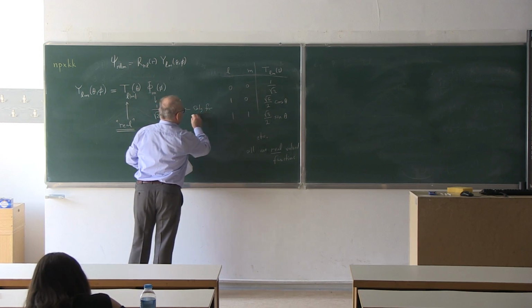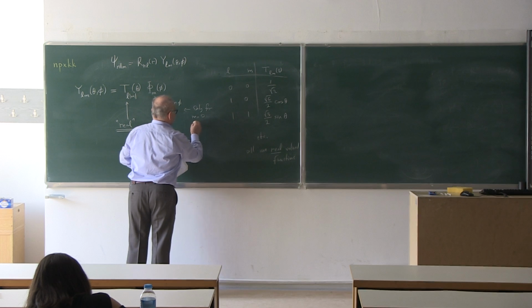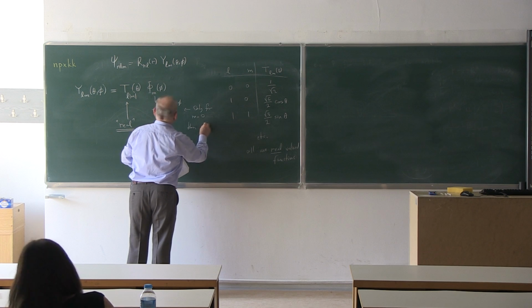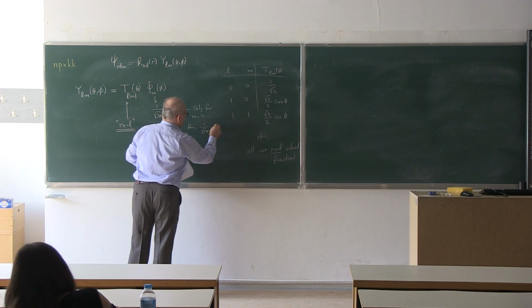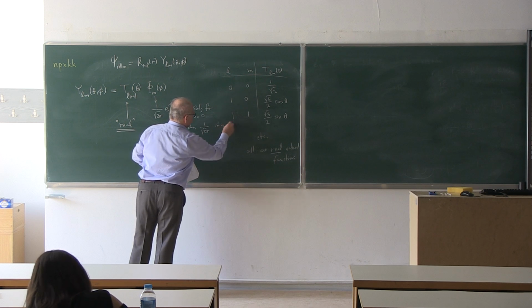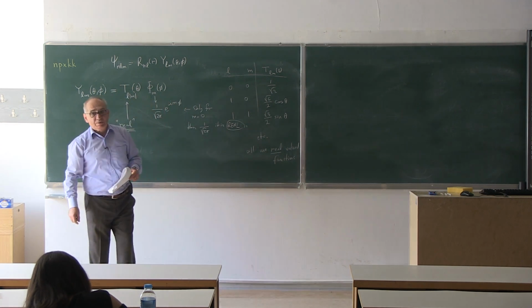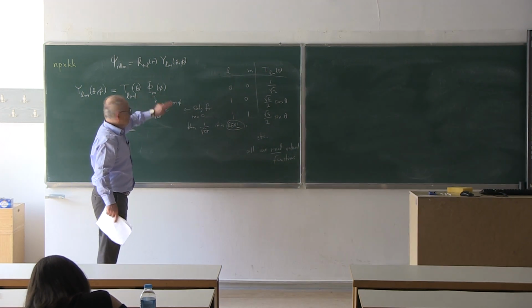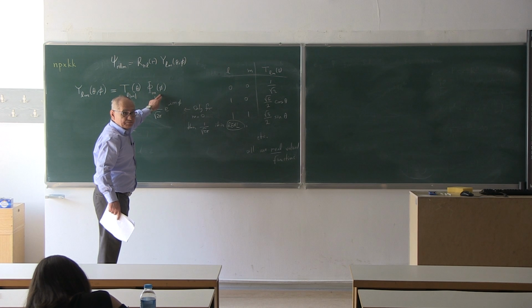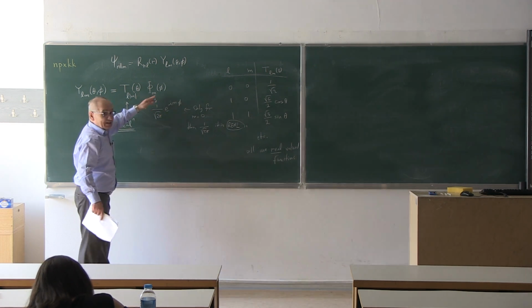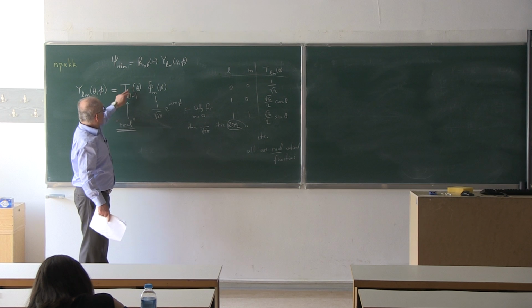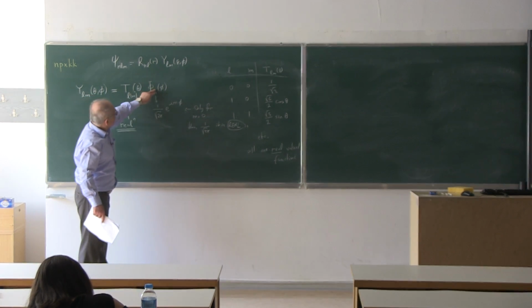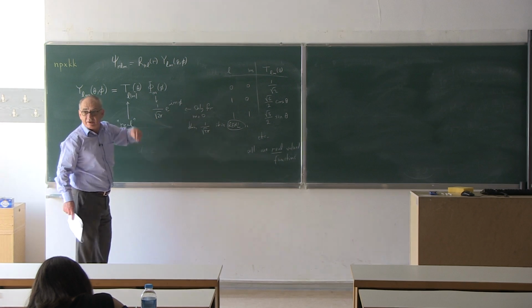Only for m equals 0, this function will be simply 1 over square root of 2 pi. It is real. For all other m values, this factor is complex valued. Because of that, even though the first factor is real, if this factor is complex, the full function is complex valued.